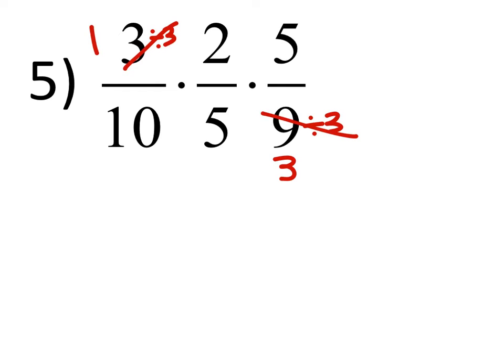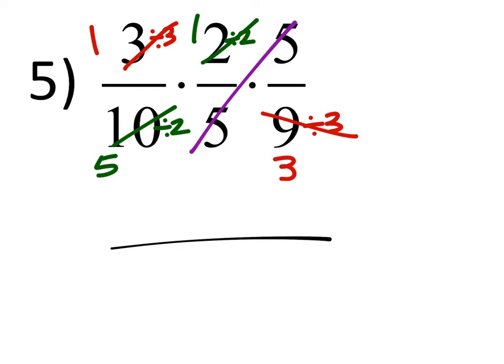All this is going to do is make the multiplication easier because we're multiplying smaller numbers instead of the bigger ones. Now the 5s will cancel each other, right? Anything divided by itself is 1. And the 2 and 10 can also simplify if I divide these both by 2. So this gives me a 1, and this gives me a 5.